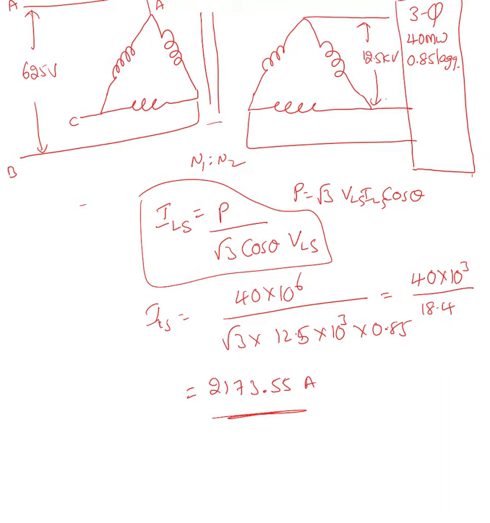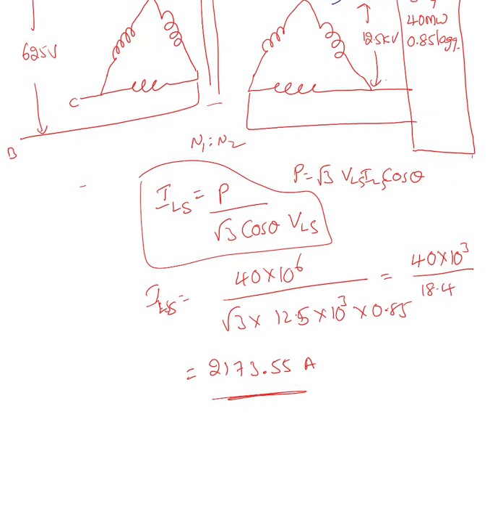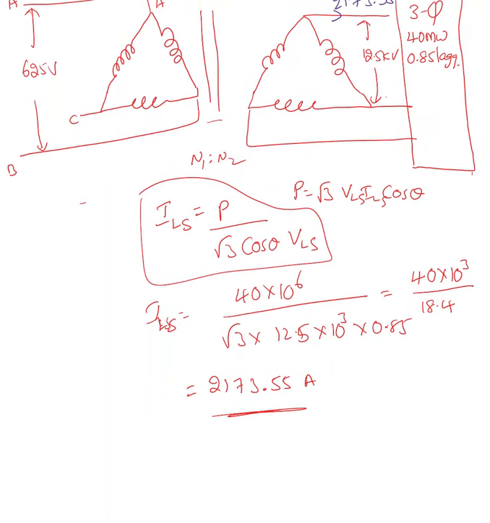That is the line current of secondary. So the current passing through the line is 2173.55 ampere. That's what he's asking for, so we're good on that.